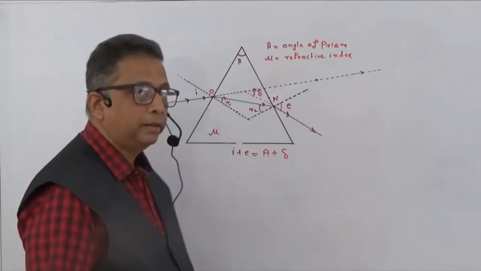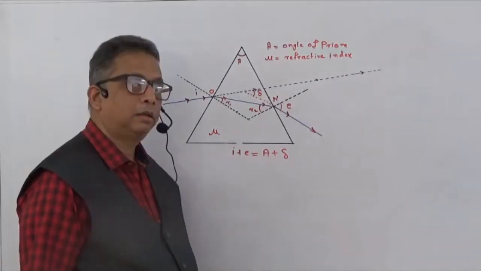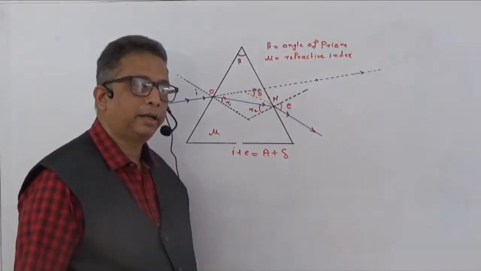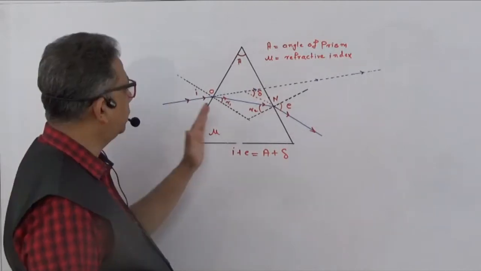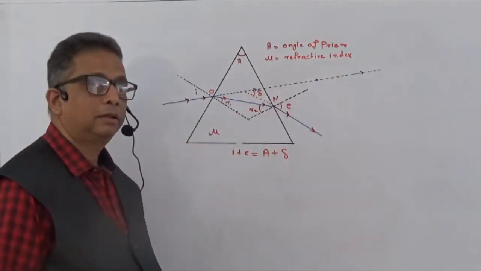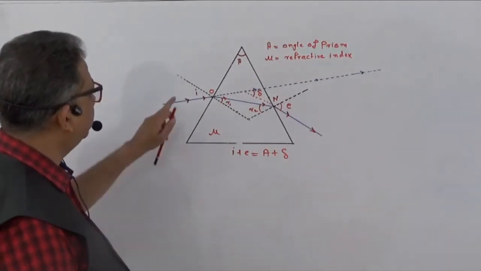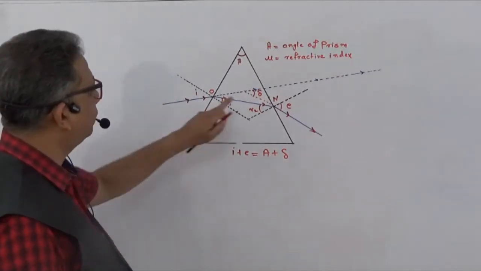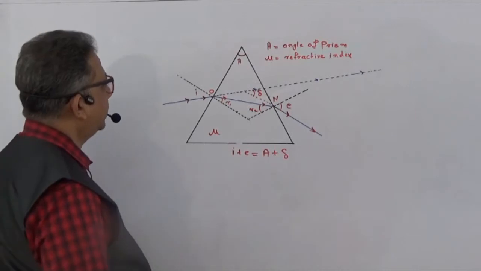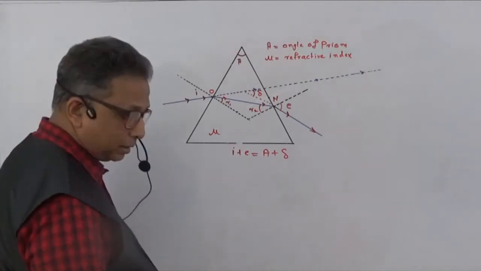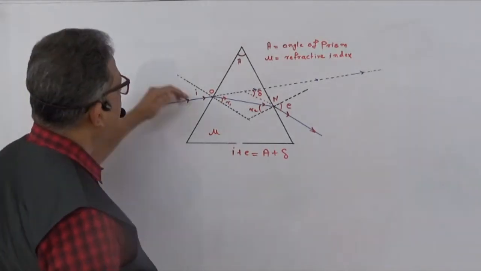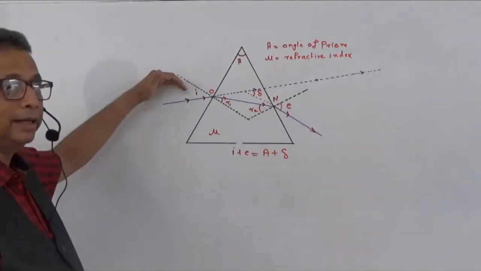Okay. Now there is another relation that we have to see, and that is the relation of the angle of incidence and the angle of deviation. Here there is a very unique relation between the angle of incidence and the angle of deviation. Suppose, for example, the angle of incidence will start at angle 0.